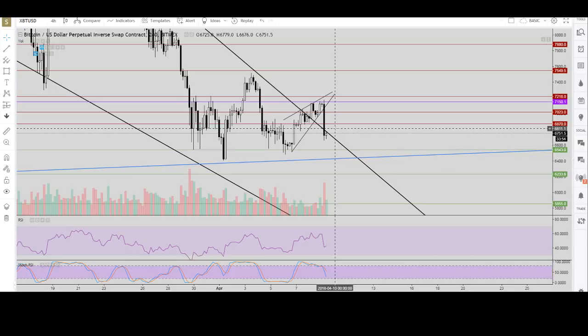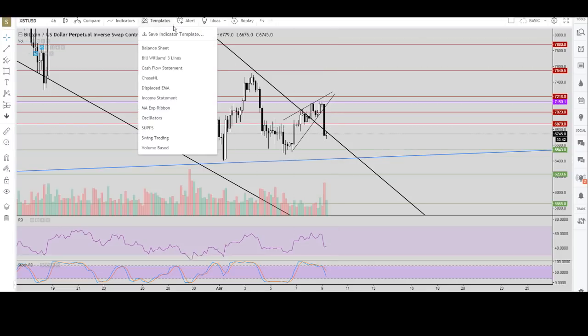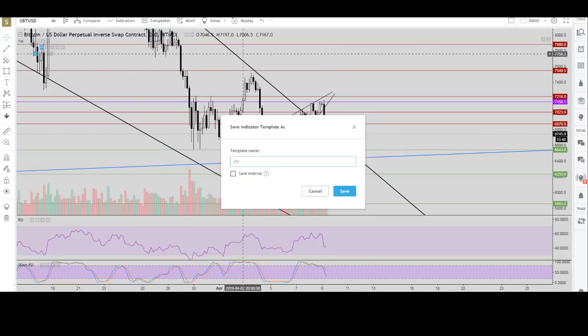So once you have everything on your chart set up and you have some of these indicators that can give you some confluence for your bullish or bearish ideas and to spot possible trade opportunities, you can go up to templates here. You can save the template. I'm going to save it as Chase NL2.